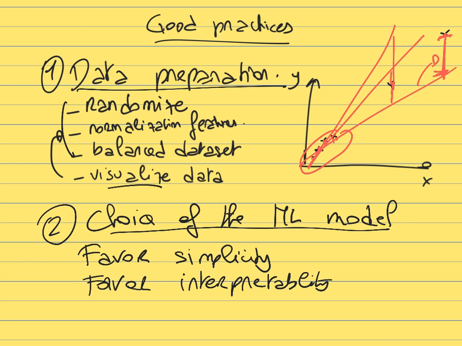There is a slope that tells you about the increment: if the feature increases, how much will the output increase? And there is an intercept which tells you what's the value of the output when the feature is 0. So you understand very well how this model is working.